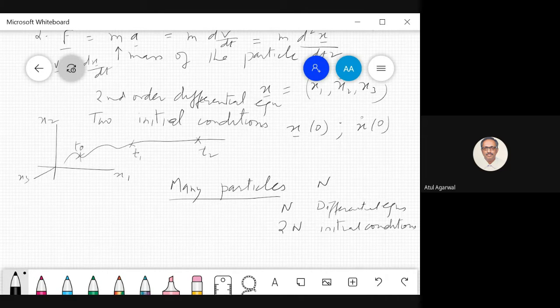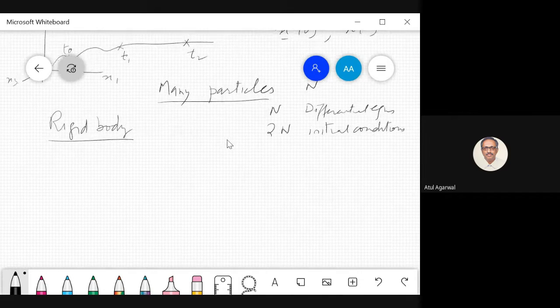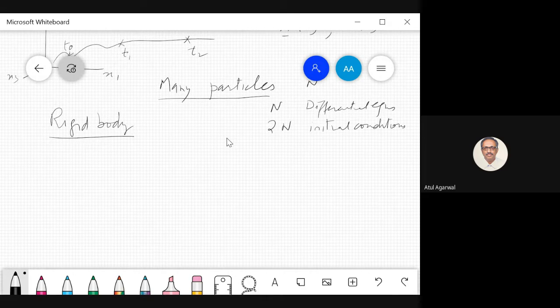Now suppose you have a rigid body. That is one standard case. How do you define a rigid body? Anybody? Are you guys there? Yes, sir.